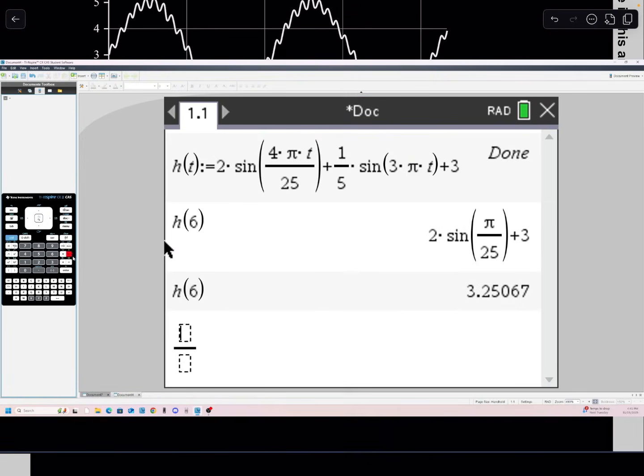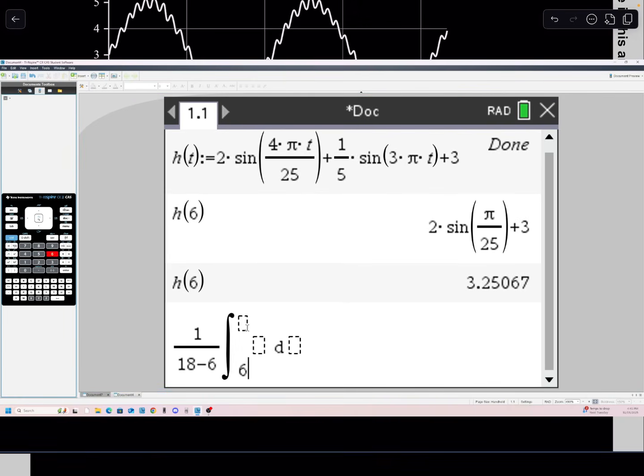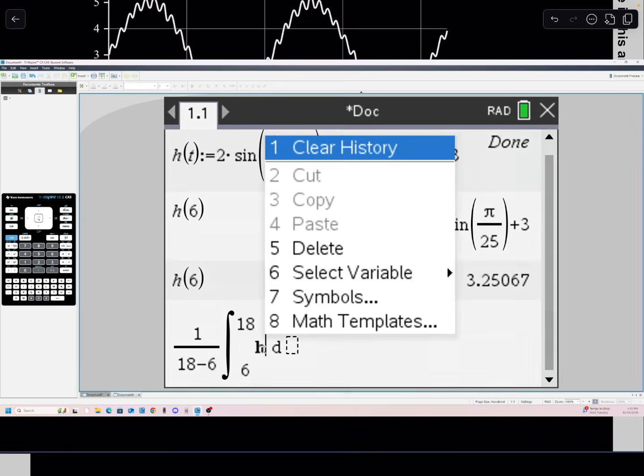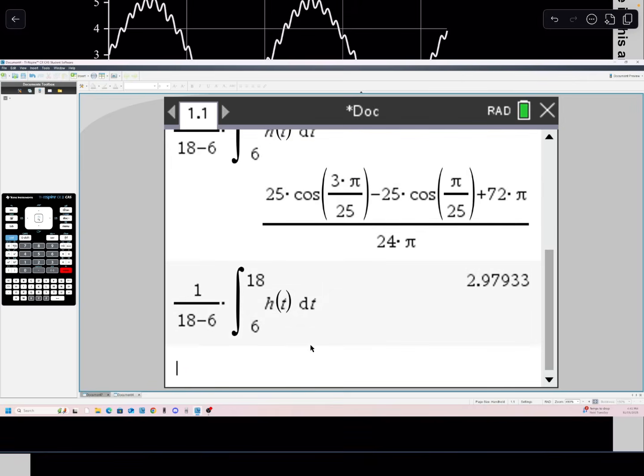I wrote 8, sorry, 18. I apologize. It's supposed to be 18. 6 to 18 of h of t dt. Control Enter, and we get 2.9 something. We want it to 2 decimal places, so it'll be 2.98.